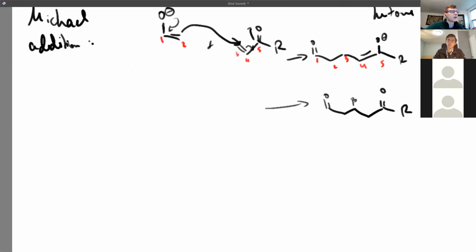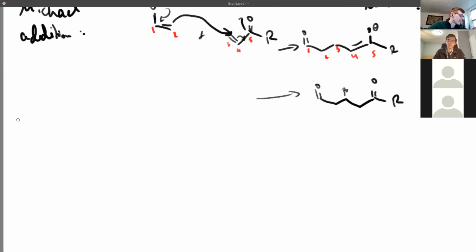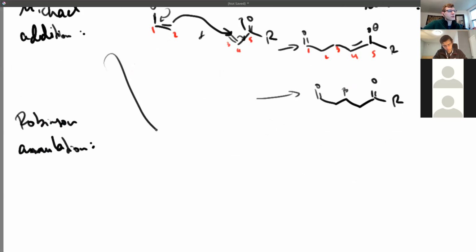Cool. Yeah. And then there's one last thing here, which is called the Robinson annulation. Okay, which is just like the Dieckmann cyclization was a Claisen condensation to make a ring. It's just one of these to make a ring. Same deal.